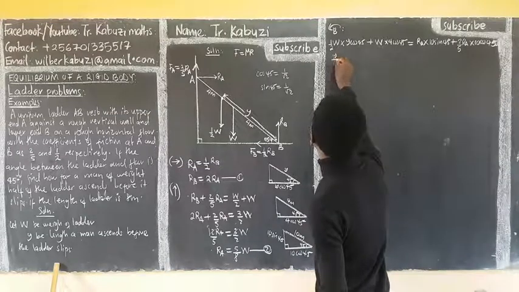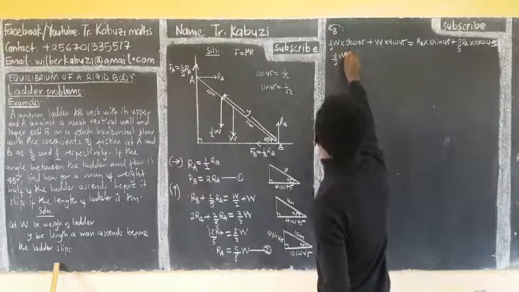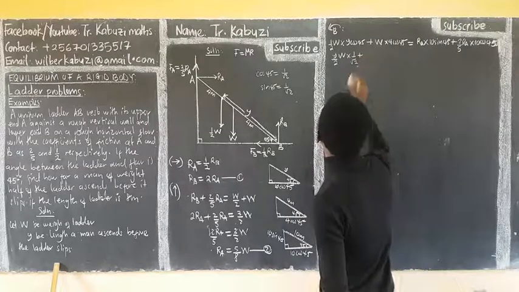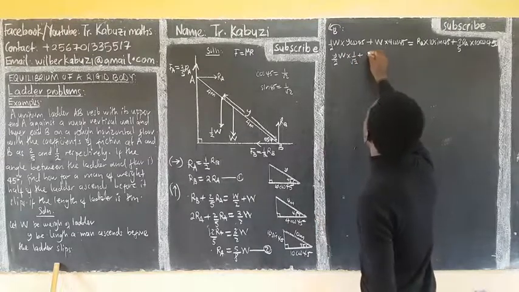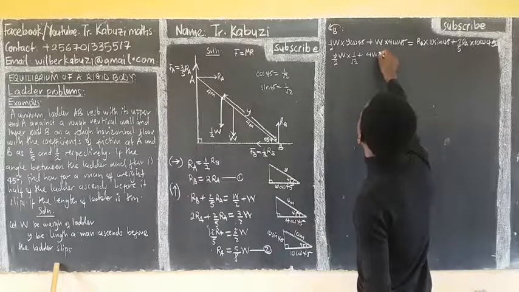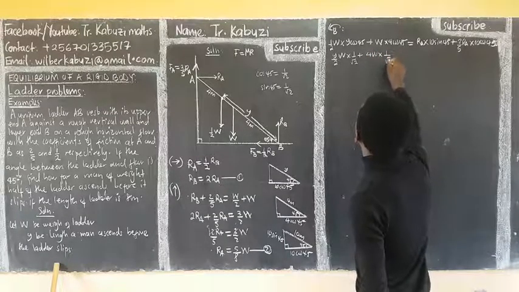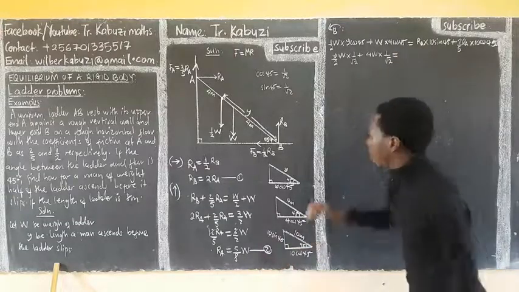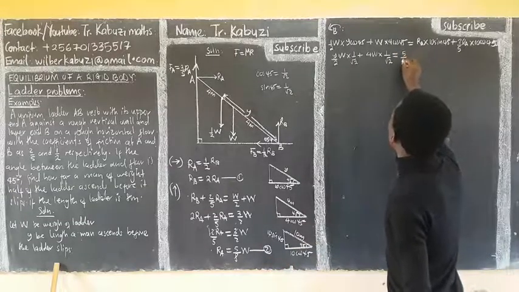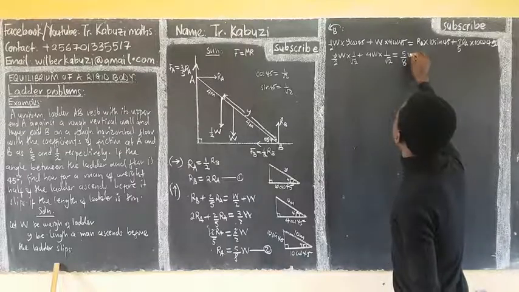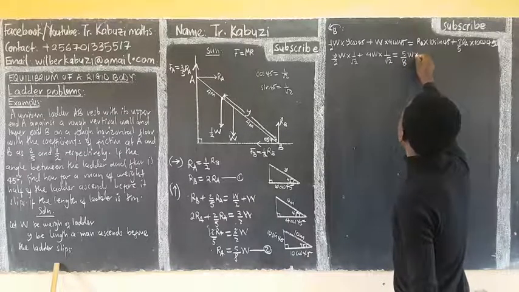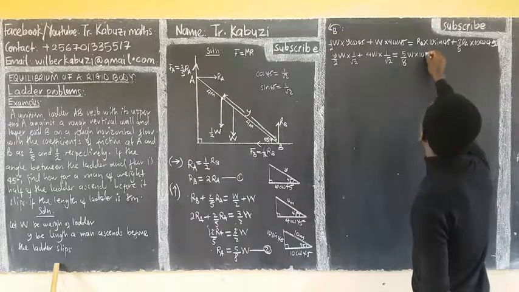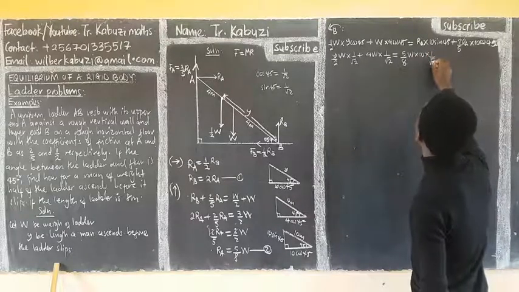So this is y over 2 W times 1 over root 2 plus 4 W times 1 over root 2, equaling RA, which is 5 over 8 W, times 10, times 1 over root 2.